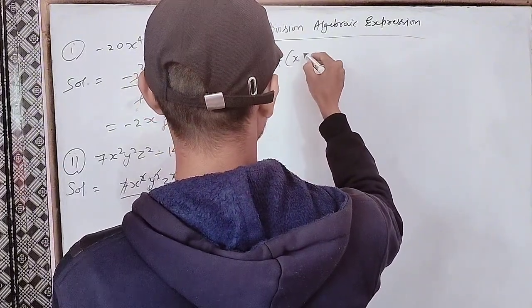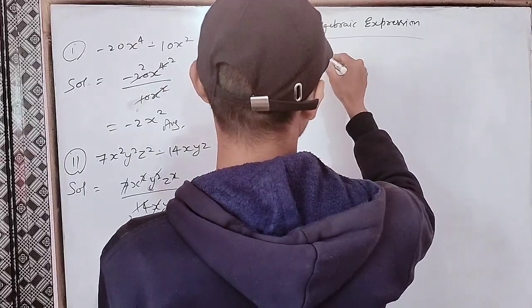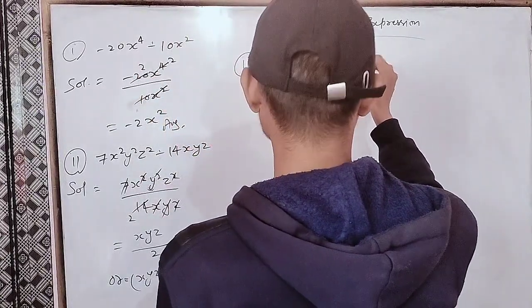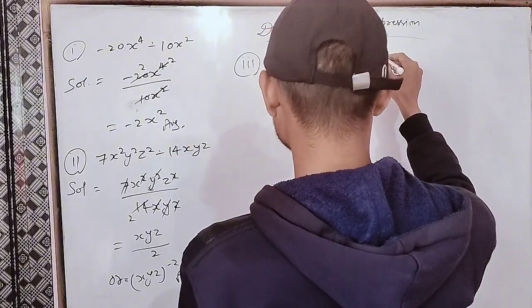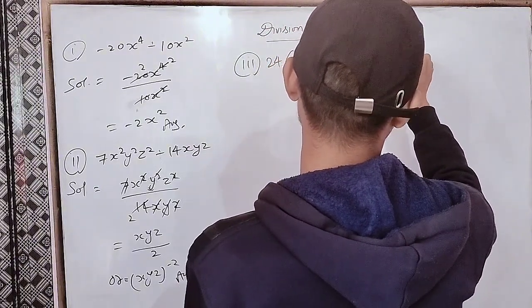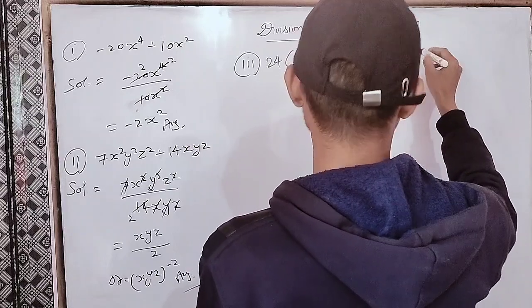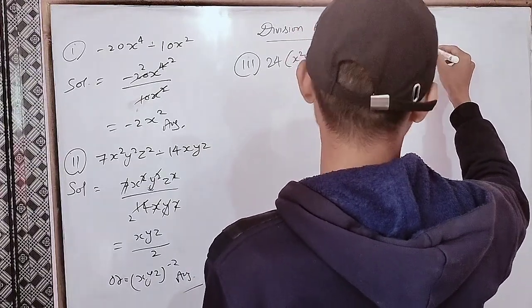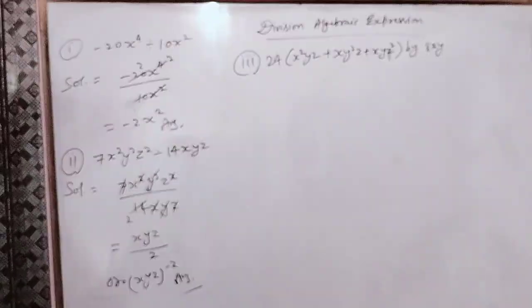24 x square yz plus x y square z plus, divided by 8xy.